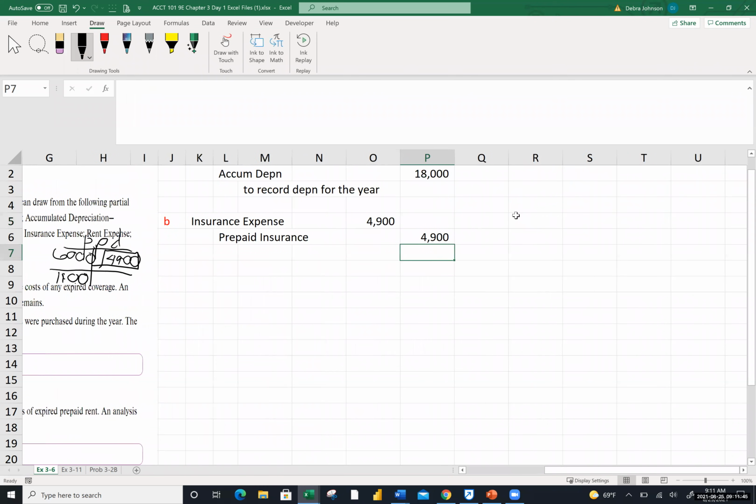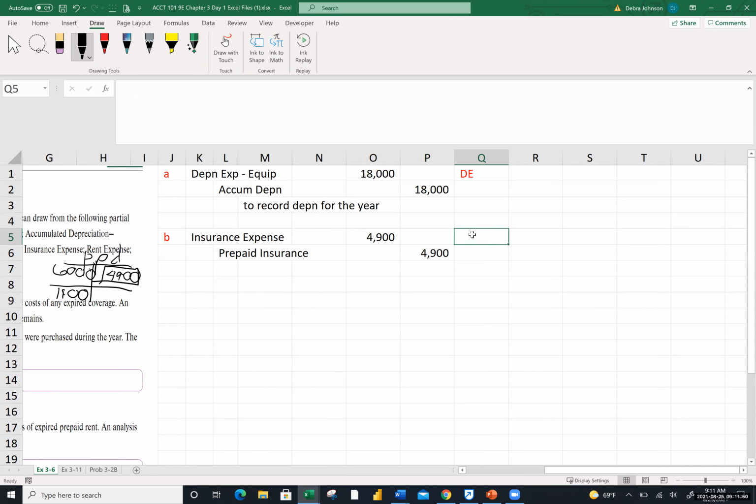And here comes the new part also. Last time we were here, we said we were going to go one step further and classify these. Okay, has the cash changed hands? The answer is yes. How do I know that? It's a prepaid. The cash changed hands when we first bought the policy. Therefore, it's a deferral.